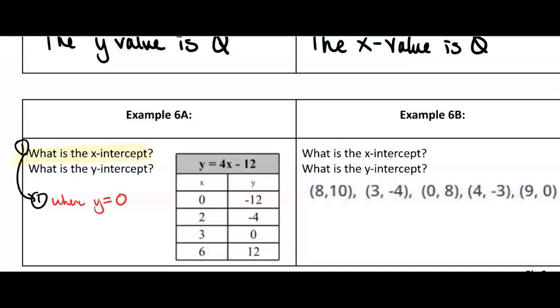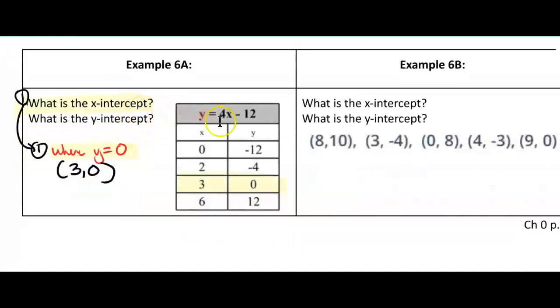Where in this table does y equal 0? At the point 3, 0.